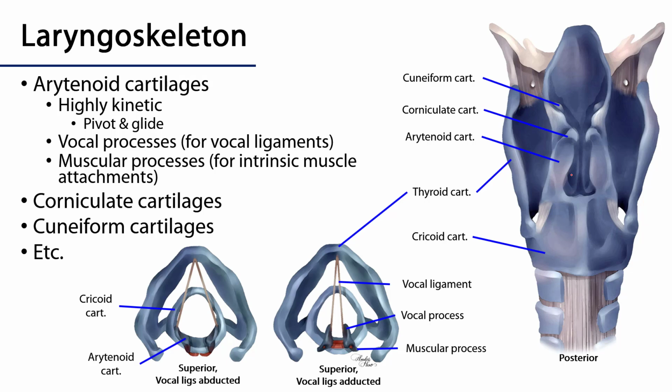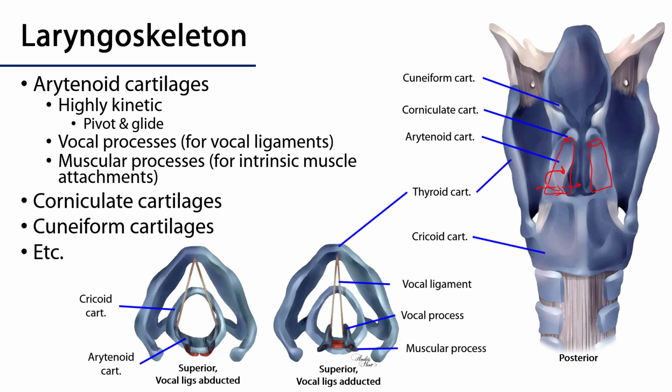The arytenoid cartilages are really the heroes of the larynx with respect to doing things, whether it's phonation or breathing. So as they sit upon the cricoid cartilage, they can glide either medially or laterally, or they may be able to pivot inwards or outwards.